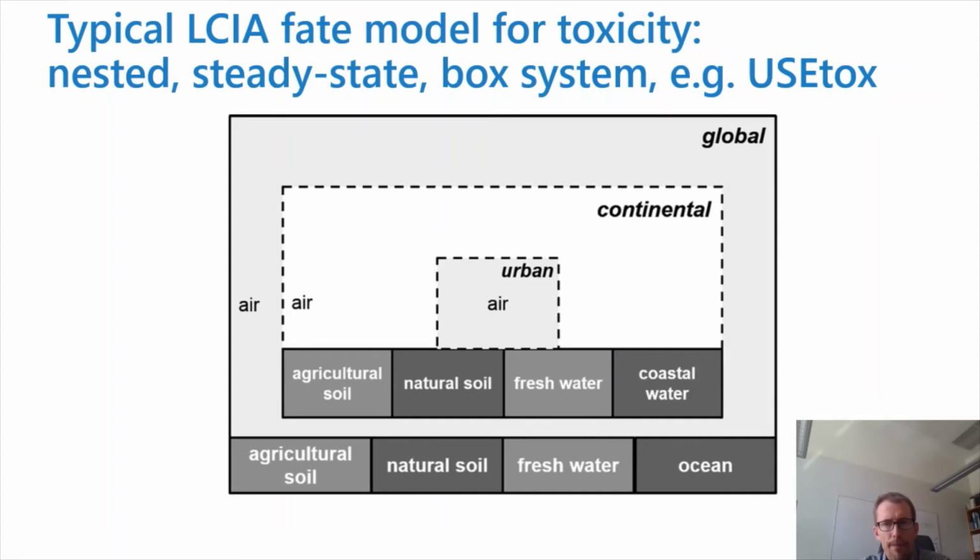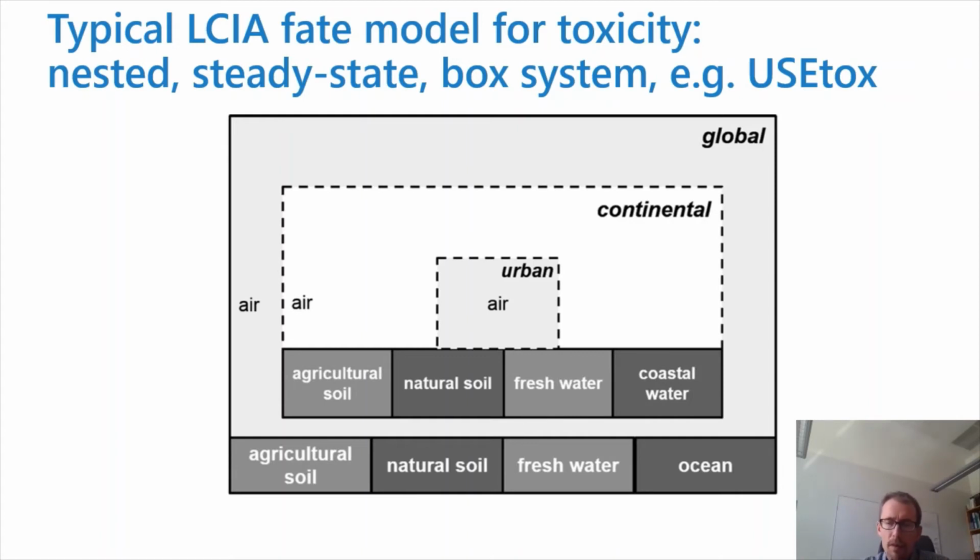The idea here is that we divide the planet up into rectangular boxes or compartments at different scales. We've got urban, continental, and global scales here. And we consider the air, soil, and the aquatic environments at these scales. An emission into urban air is instantly diluted throughout the urban air compartment.